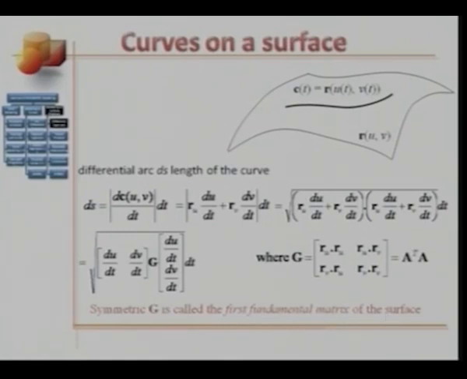The definition of G is related in this slide to the infinitesimal arc length ds along the curve C of t. We will now see certain properties of G. One of the properties that I had mentioned is that G is symmetric.